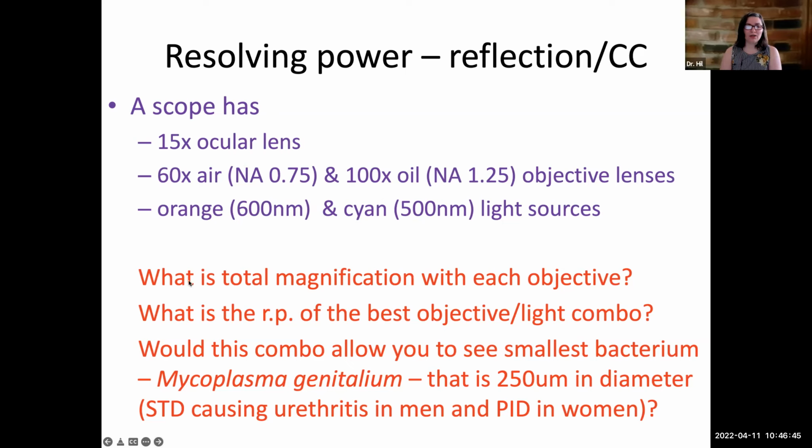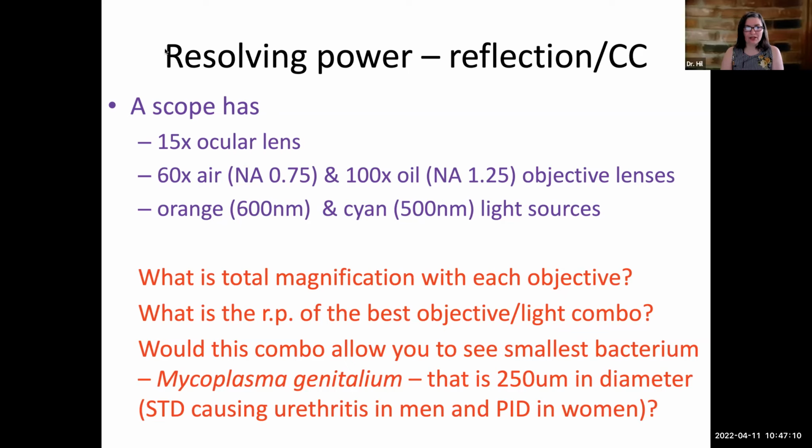So let's start with, what's the total magnification using the 60x air? Yeah, 900x.